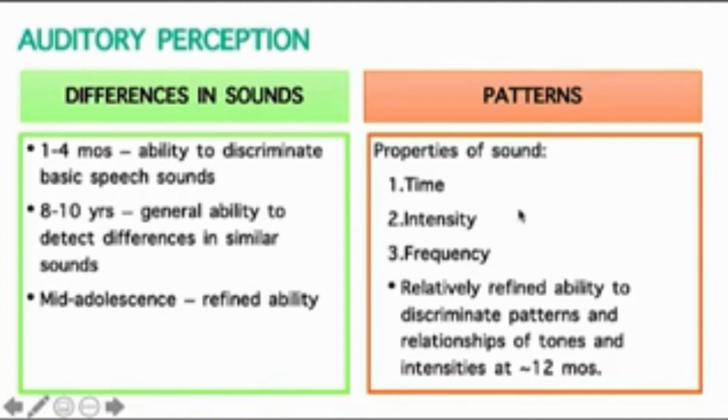There are also patterns with regards to the properties of sound: time, intensity, and frequency. Temporal changes are actually the first characteristics to be recognized by young infants. But we have a relatively refined ability to recognize different auditory patterns and relationships of tones and intensities by about 12 months.